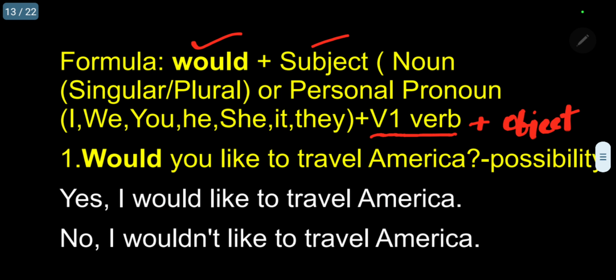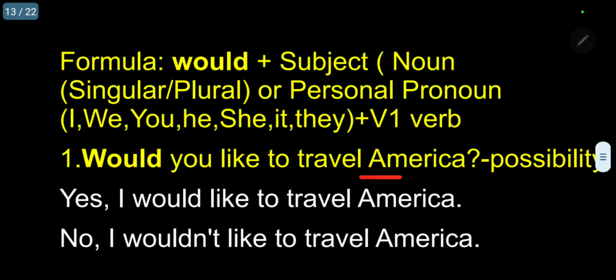Shall we start now? The first sentence. Would you like to travel America? நீ அமெரிக்கா செல்வதற்கு பயணம் செய்வதற்கு விரும்புகிறாயா? That is possibility. May or may not.